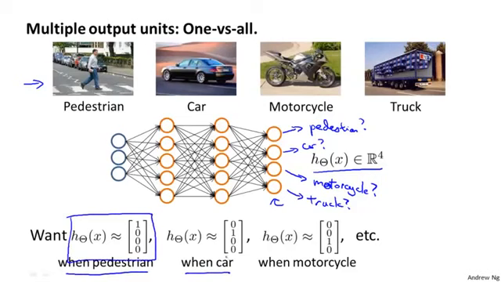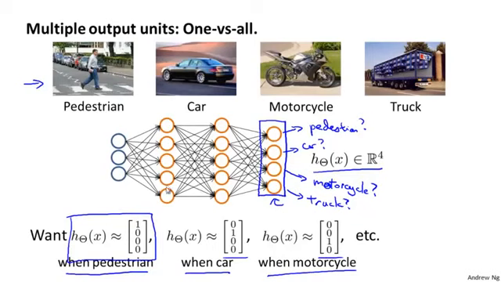When it's a car, we want it to output 0100. When it's a motorcycle, we want it to output 0010, and so on. So this is just like the one versus all method that we talked about when we were describing logistic regression. And here we have essentially 4 logistic regression classifiers, each of which is trying to recognize one of the 4 classes that we want to distinguish amongst.